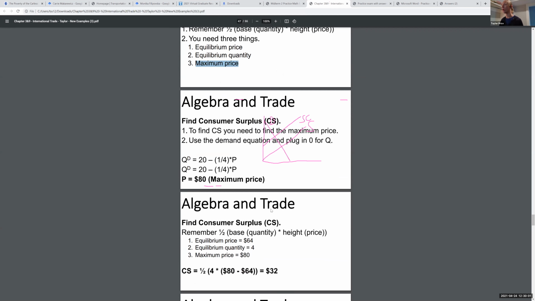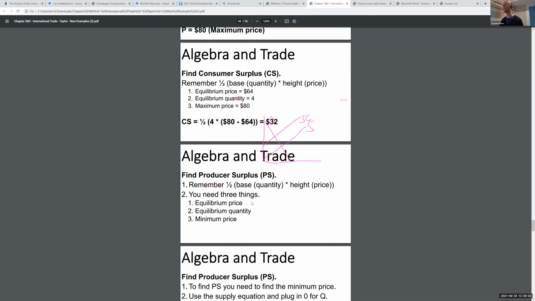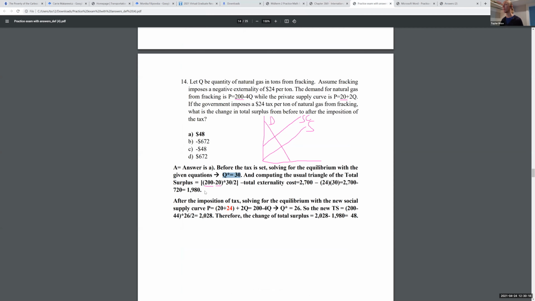And for producer surplus, you need equilibrium price, equilibrium quantity, and minimum price. I usually prefer to do it this way because I think it's a little cleaner to compute, but you definitely can do it the other way as well. That's not to say one way is more or less correct than another. It's just a bit of a shorter way. And the 30 here would be the price for that.